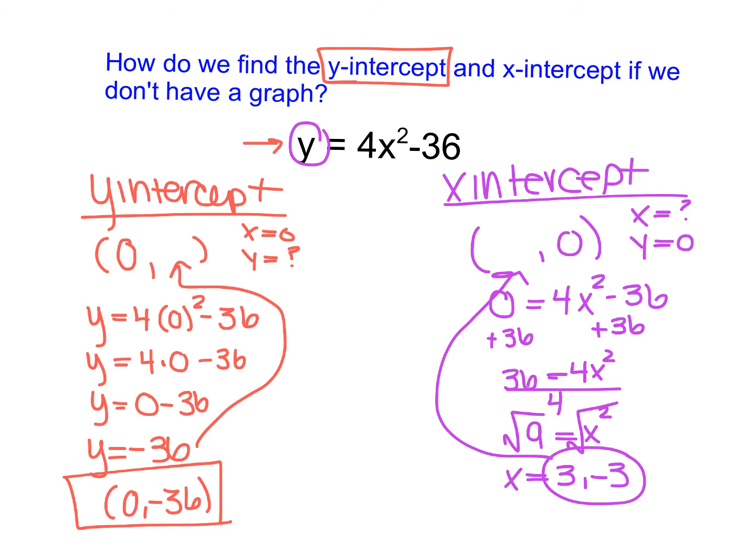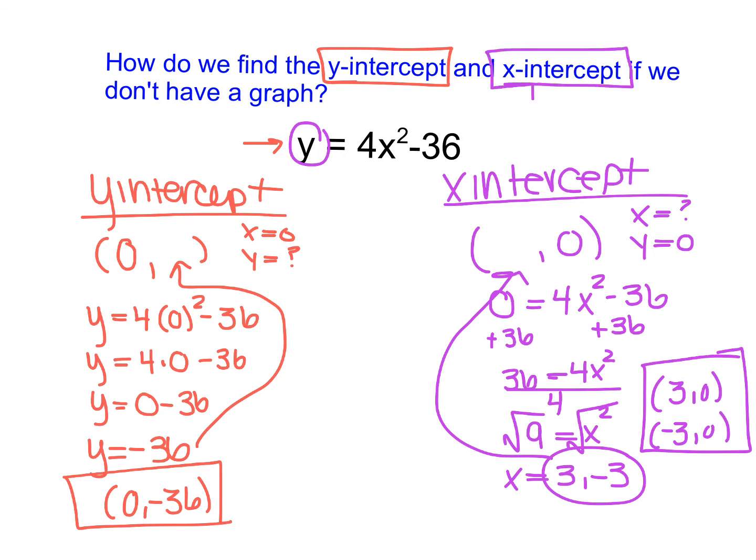So I know here that I actually have two x-intercept points. One is where x is 3 and y is 0, and one is where x is negative 3 and y is 0. So now that I know how to solve quadratics, I actually have the skills to calculate x and y intercepts by hand if needed.